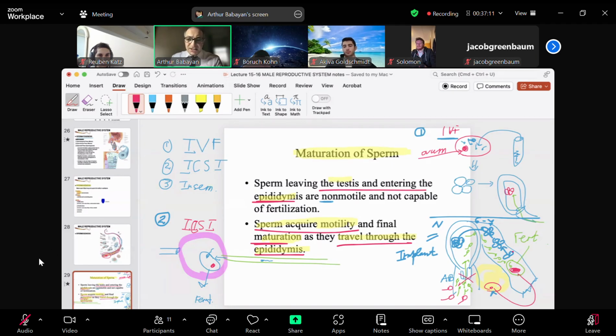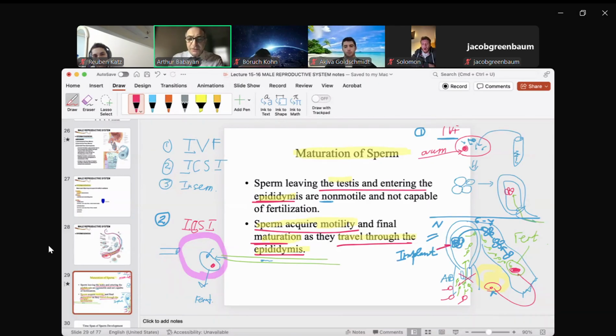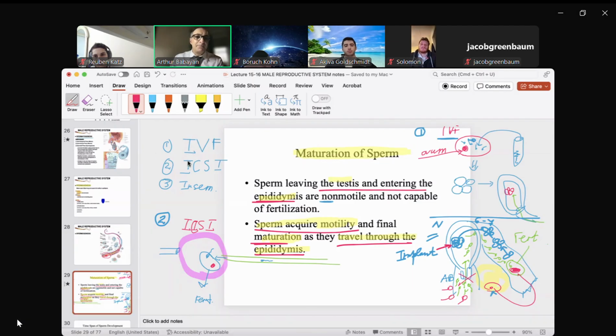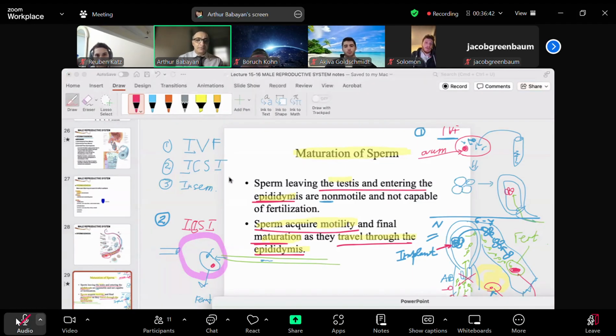After fertilization there will be a zygote, then a morula after 4 or 5 days, and after 6 or 7 days a blastocyst. The blastocyst will be implanted in the uterine cavity, and that is the process of implantation. Is it clear?